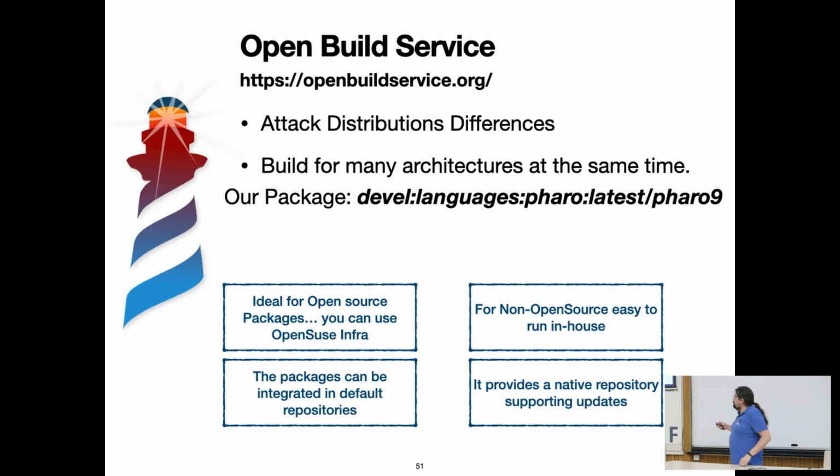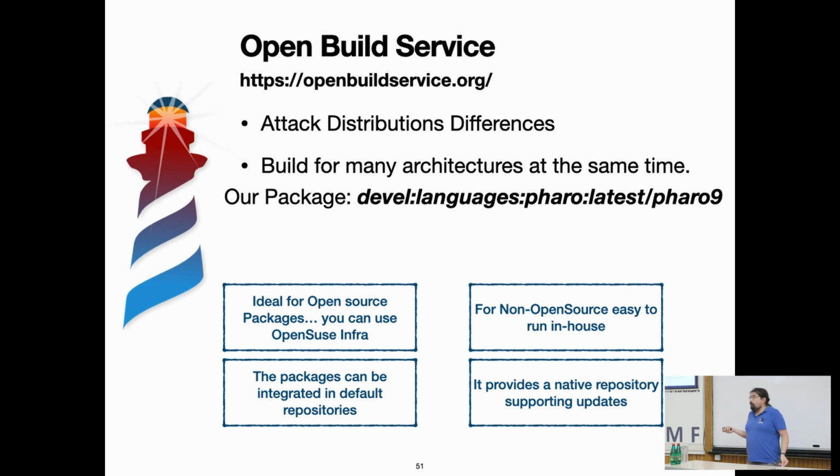For non-open source projects, this is also really cool because it's a solution that is also designed to be run in-house. They have extended support for Docker. If you have to build for different applications and you want to do it in-house, we will use a Docker image for each of the distributions, and we'll run the build process locally.